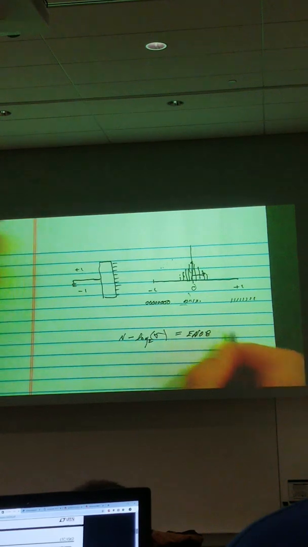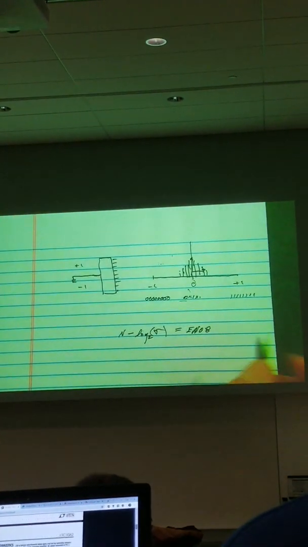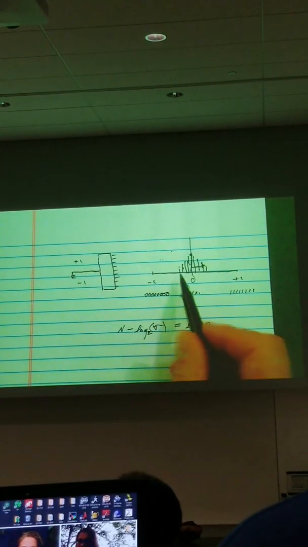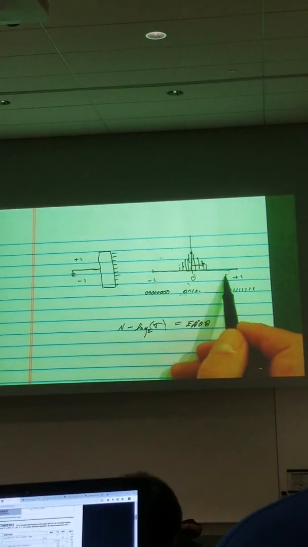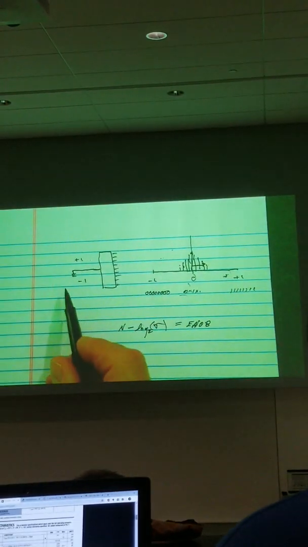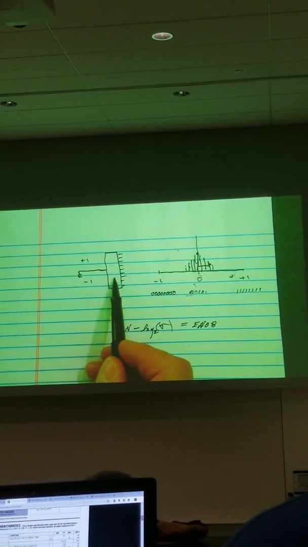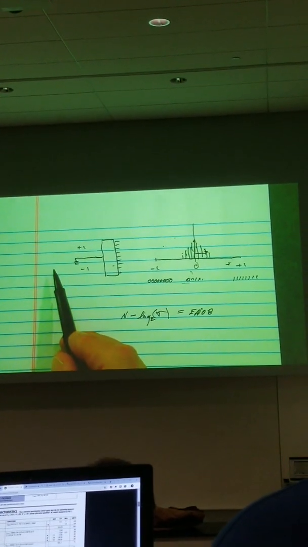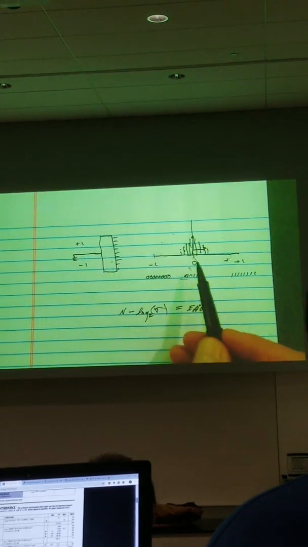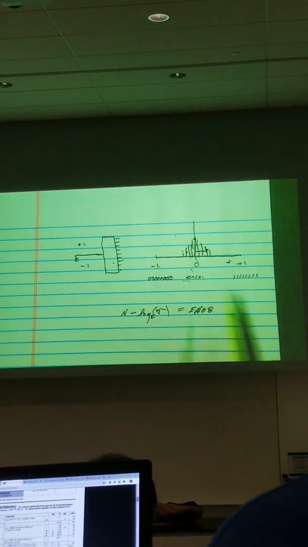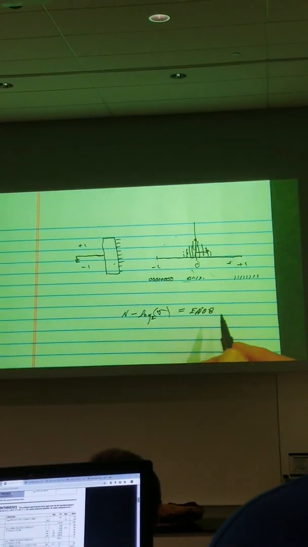And again, this is all in the TI video. So for Gaussian type noise, that's what we want to measure. If this ADC is designed to measure quasi-DC signals or low frequency signals, then its noise is best measured in this way.